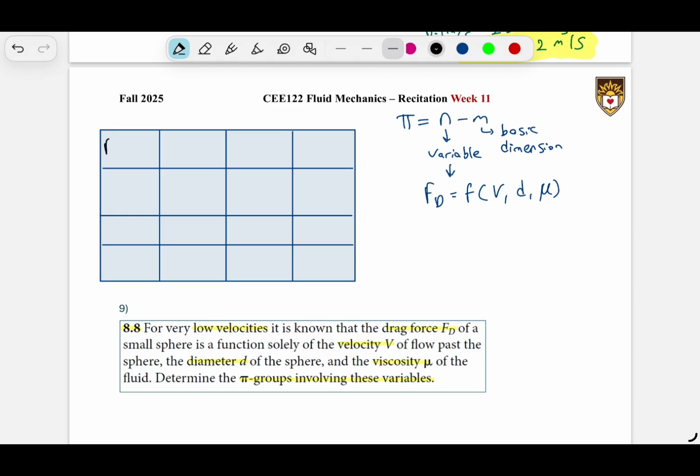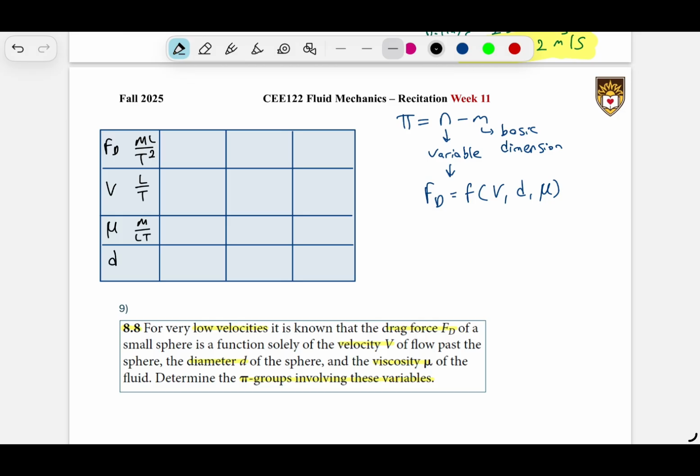So we have force, which will be ML over T square. The second one is velocity. We have length over time. The other one is viscosity. We have M over LT.